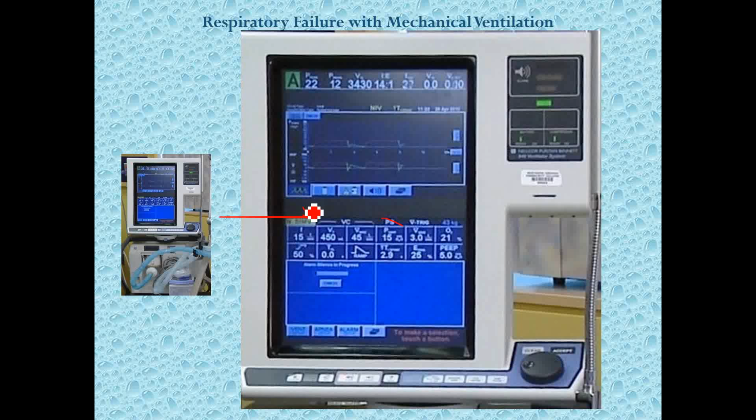Because we are now demanding that the patient do some of the work, we have increased the work of breathing with an endotracheal tube, which is about the size of a large straw, much, much smaller than nostrils and regular breathing of room air.